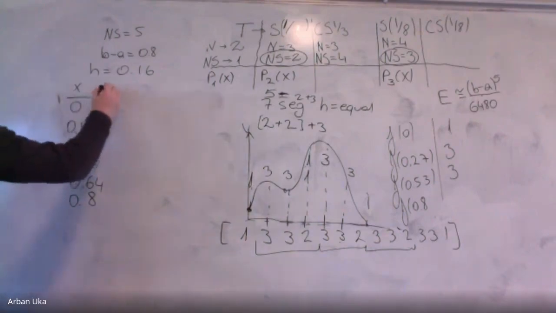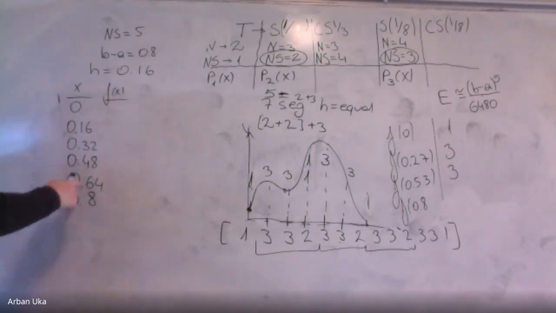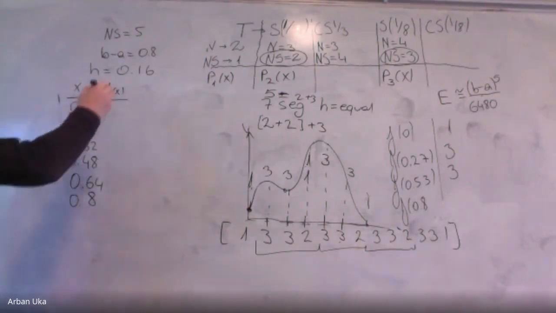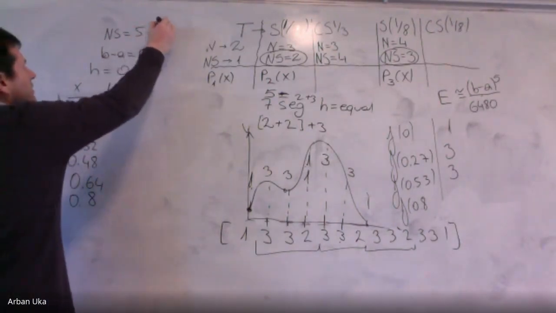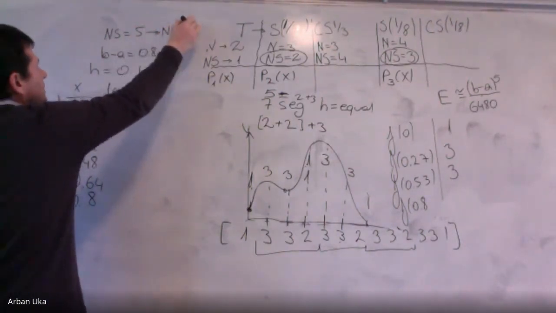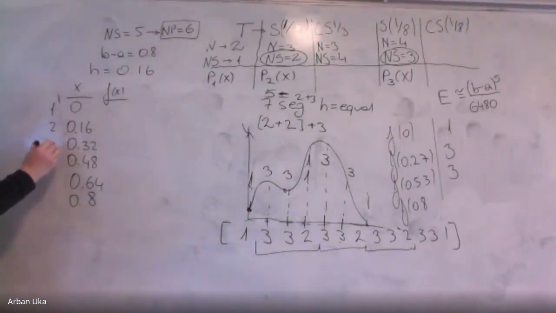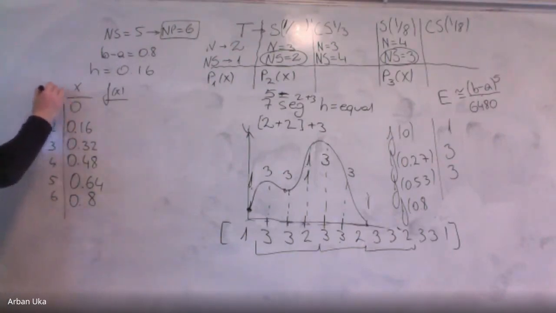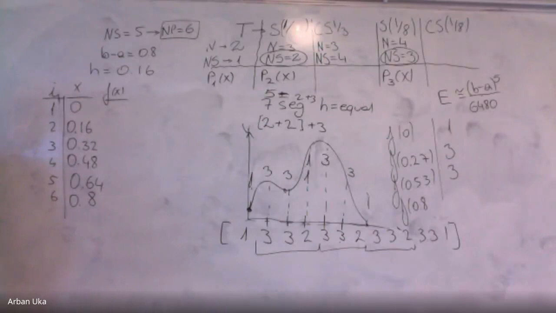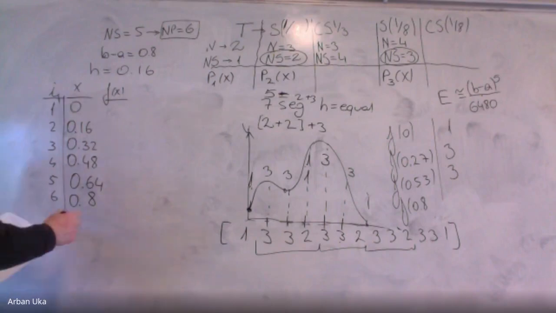So we calculate the values of the function for all these 6 points. So the number of points is equal to 6: 1, 2, 3, 4, 5, 6. We index these with i. So we have to find the values of the function everywhere, and we can use a Simpson's 1/3 rule for the first 3 points.